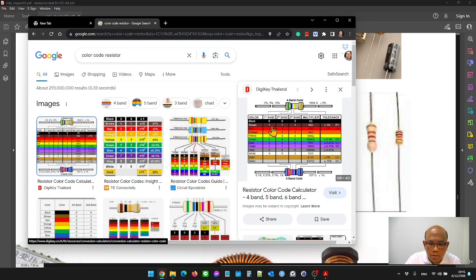So here: 0 black, 1 brown, 2 red, 3 orange, 4 yellow, 5 green, 6 blue, 7 violet, 8 gray, 9 white, and gold and silver are related to the error. Gold is 5% and silver is 10%.